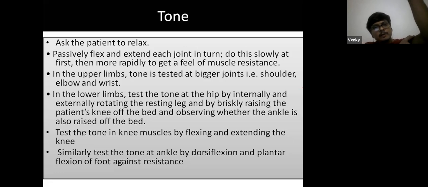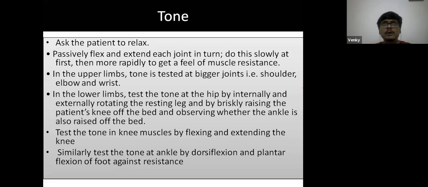This is very, very important, because most people just flex and extend the elbow like this and say the tone is hypotonia or hypertonia. If you do it like this, you will definitely fail the exam. So first you have to palpate the muscles which you are going to test. Only then start the examination.